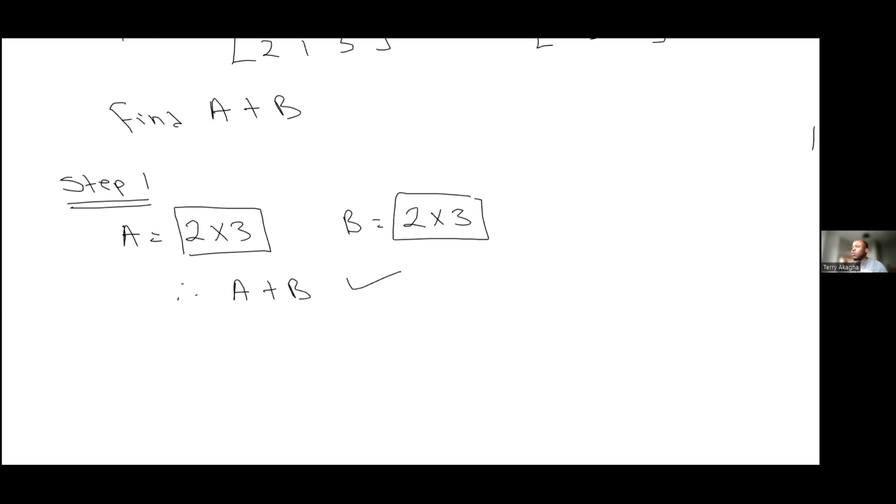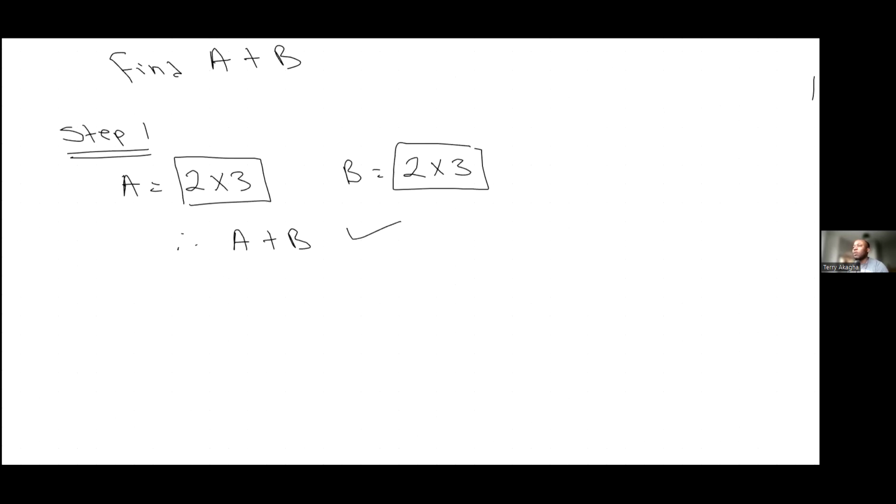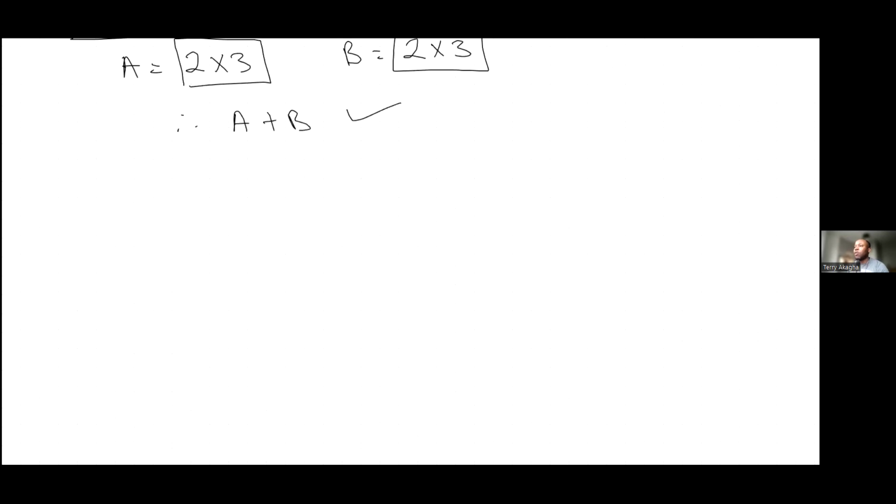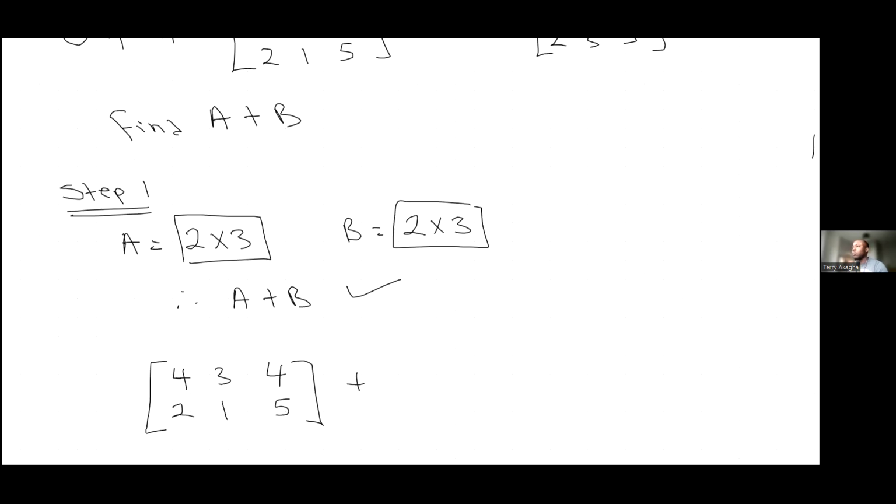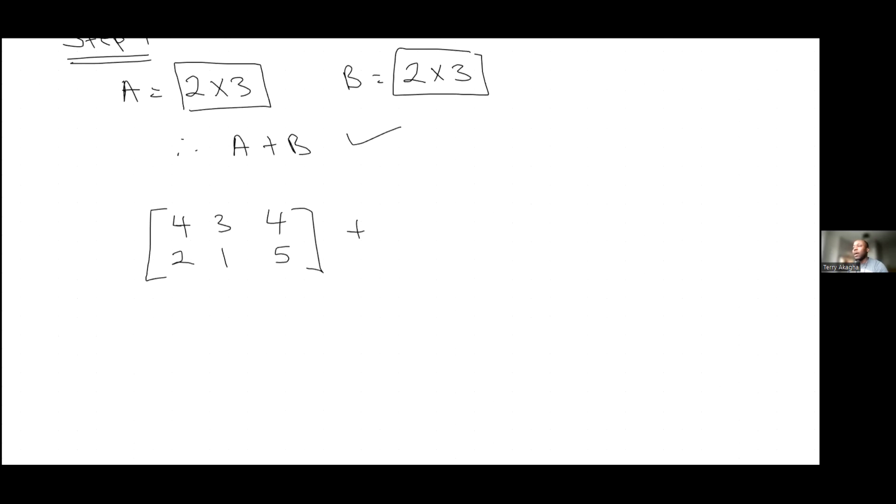So we have A is 4, 3, 4, 2, 1, 5, plus this one we have is 3, 1, 4, 2, 3, 5. Because of that, we can then add this.